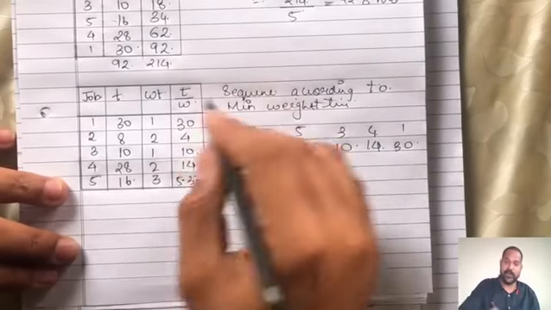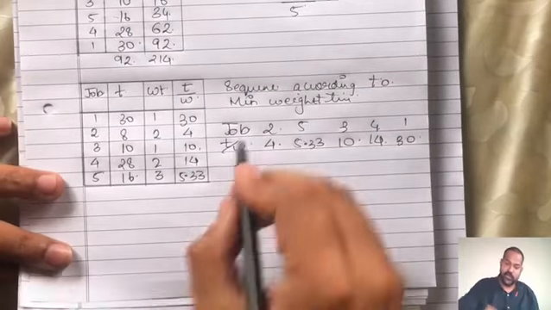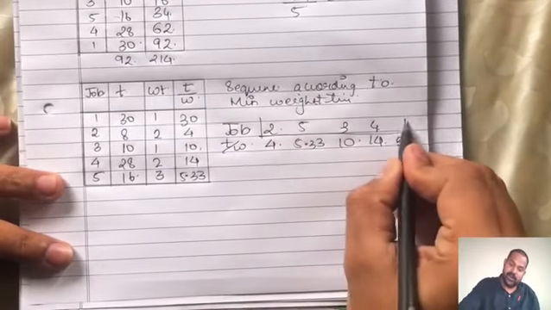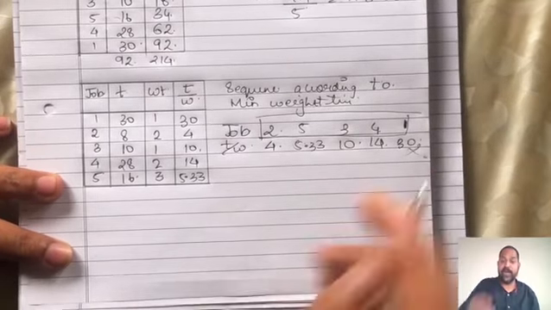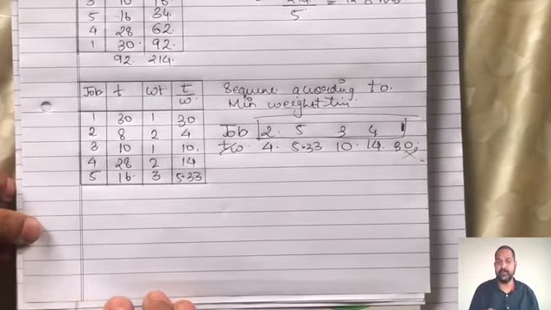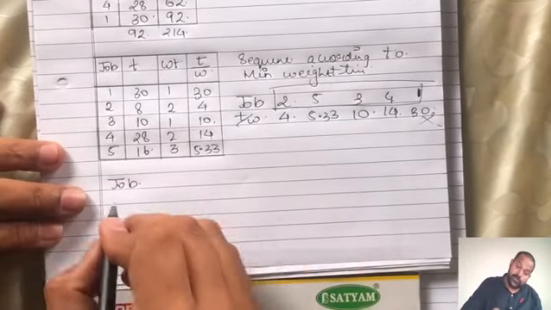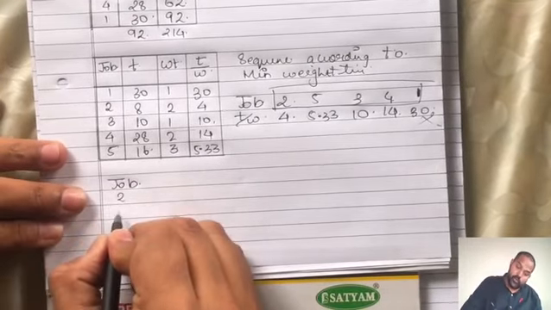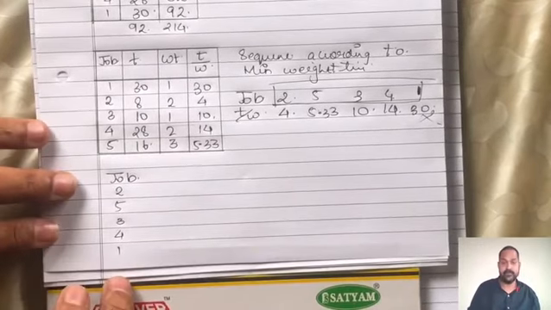Once you've divided by the weight, done. Now forget the weights. Your sequence is decided. Now everything will happen according to this sequence. Forget what the weights were, and start writing down job and your new sequence, which is 2, 5, 3, 4 and 1.